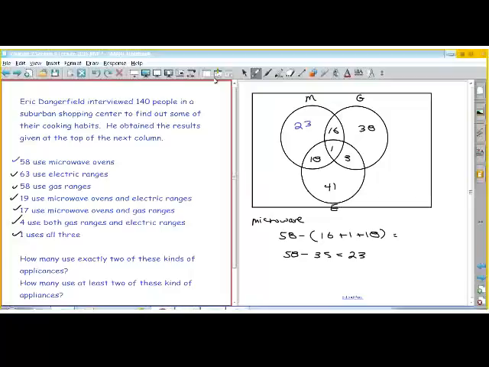So if I was doing this one, I'd do 18 plus 1 is 19, 29, 35, 45, 55, 58. Or here I do 3 plus 1 is 4, 4 plus 16 is 20, 20 plus 38 is 58.